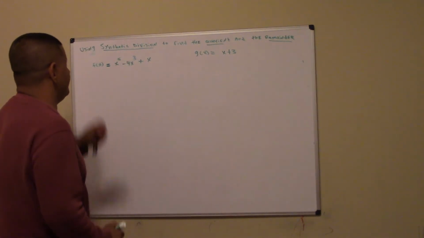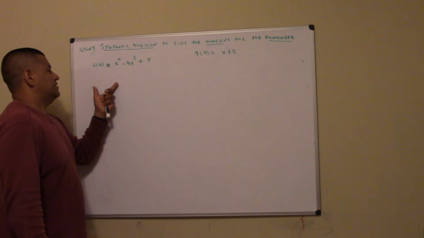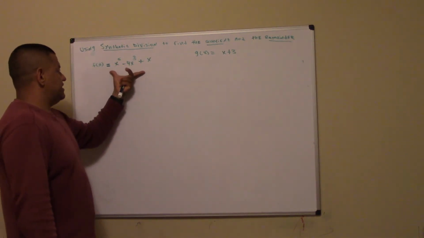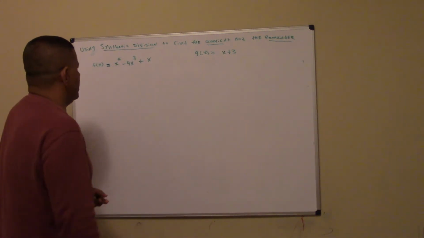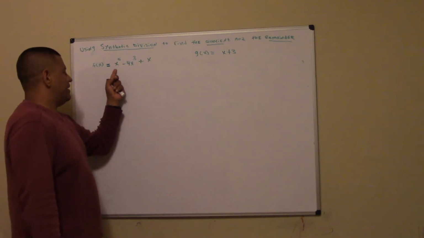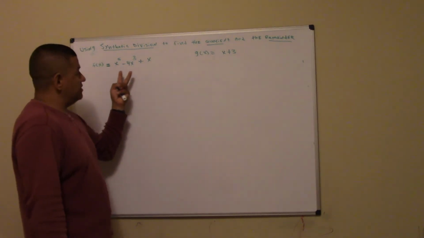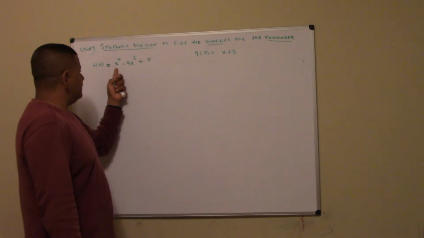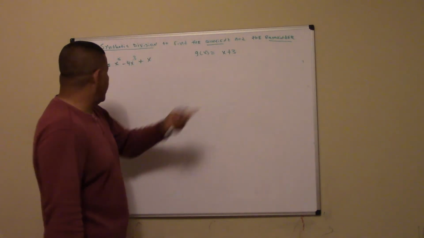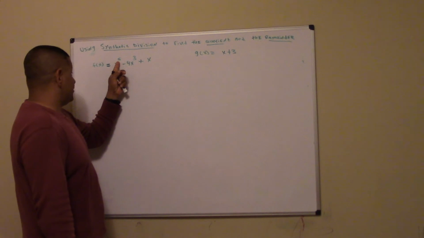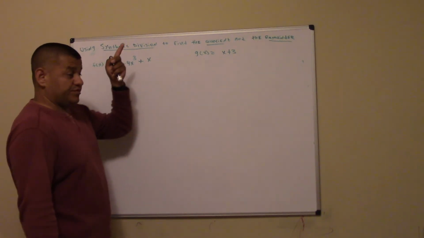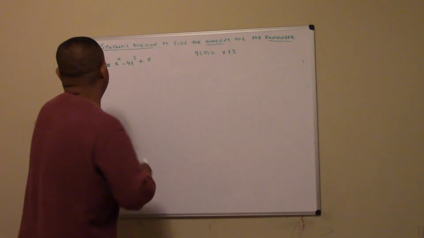Now notice that I have a problem that is not in descending order. So I have to pick up the powers that I am missing from 5 up to 0, right? From the 5th power down to the 0 power. Okay?